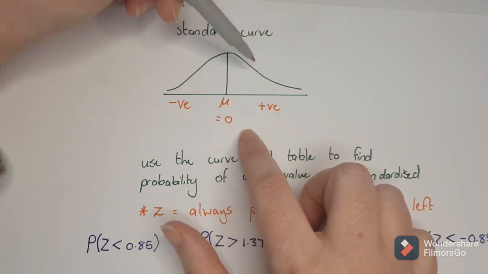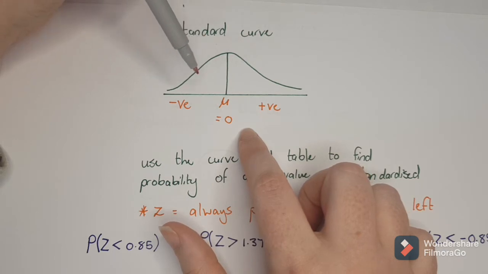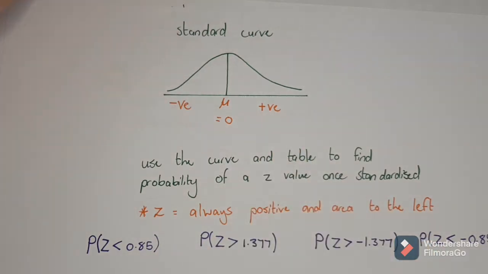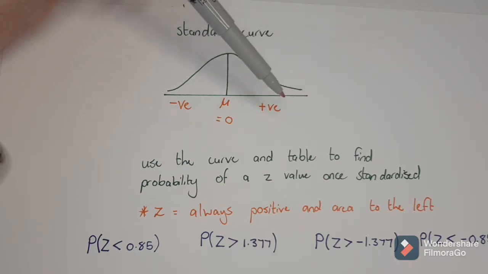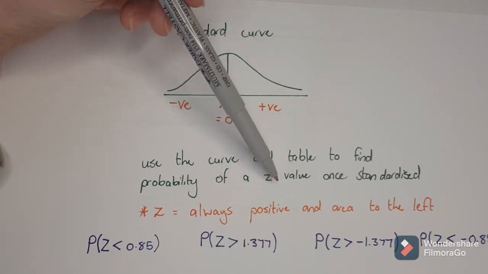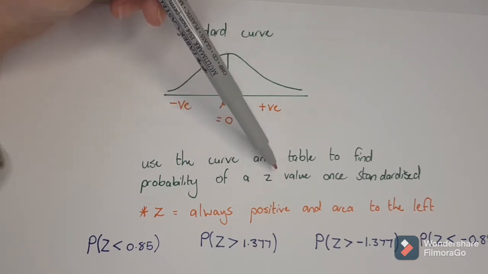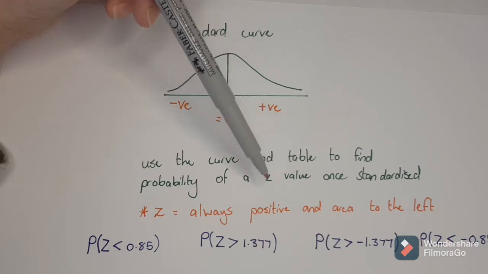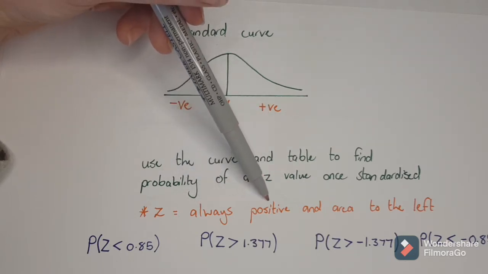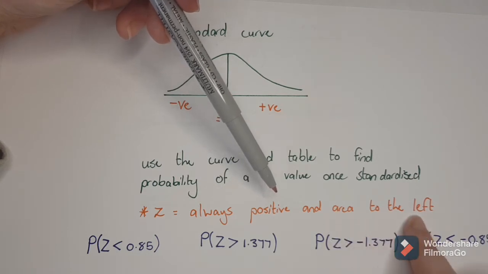And once the curve is standardized, then we've got to learn what we must do to the curve in order to be able to read it off the table. Okay, because we cannot just read negatives off the table, and we cannot read to the right of the table. So when the Z value, which we use for the standardized table, is given to us, it must always be positive, and the area must always be to the left.